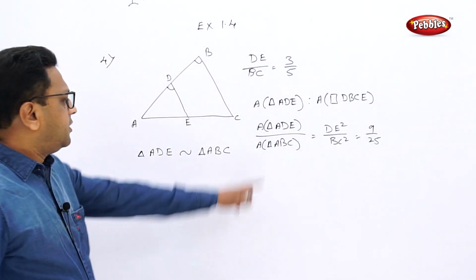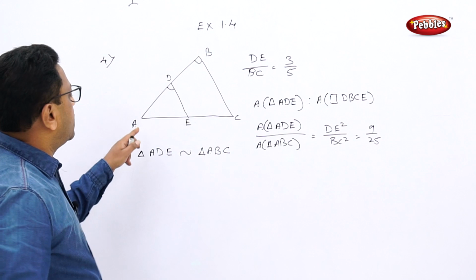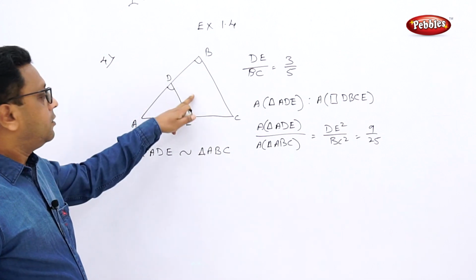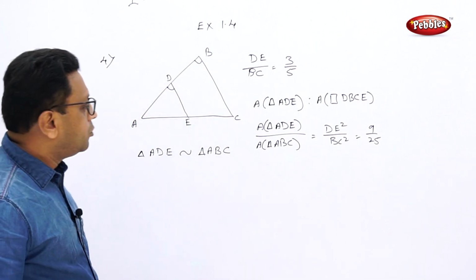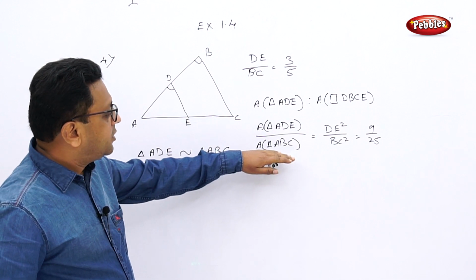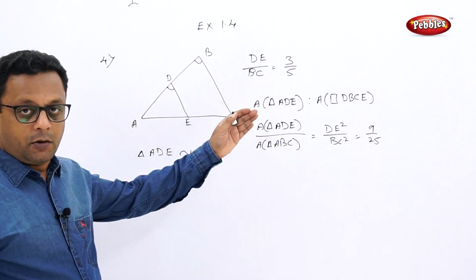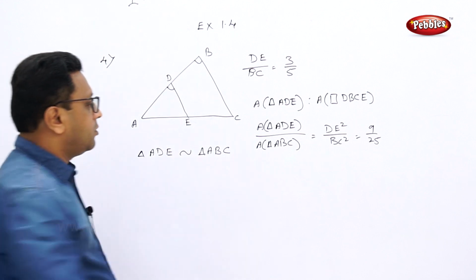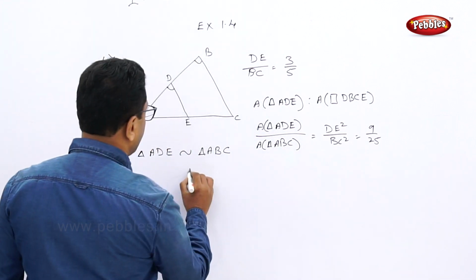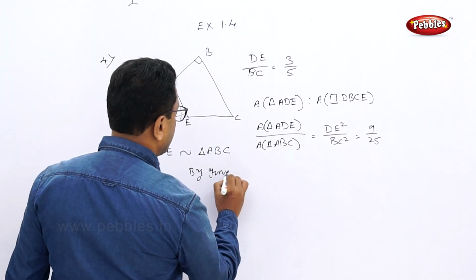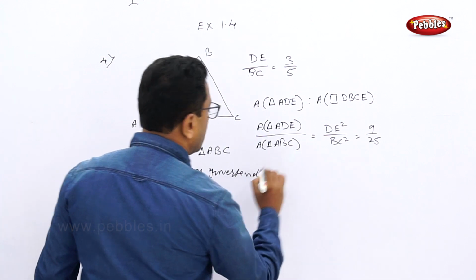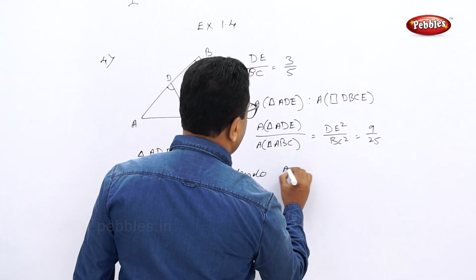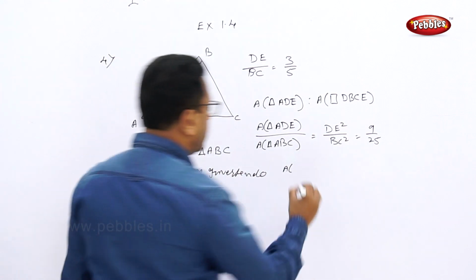Now we know that this ABC, this bigger triangle, consists of one small triangle and one quadrilateral. So what I'll do, I will first take this ABC up. So by invertendo, I'll not write that triangle sign, okay?